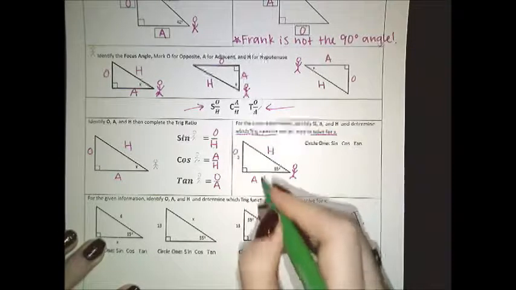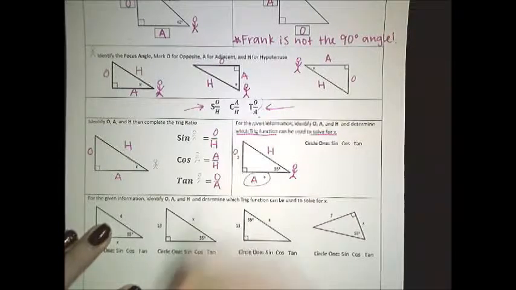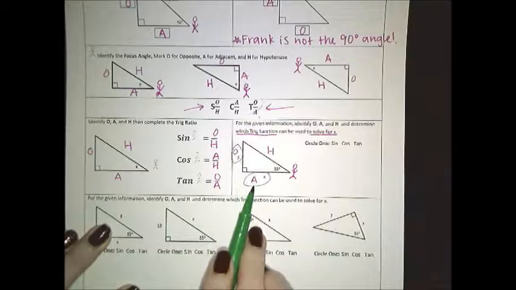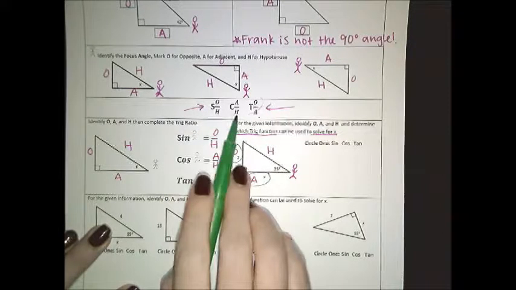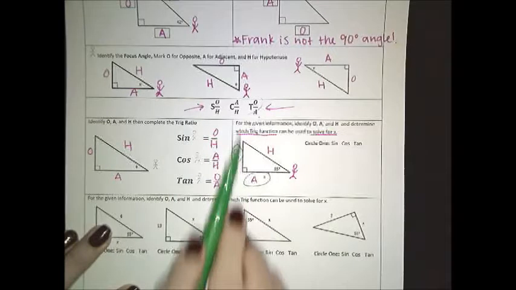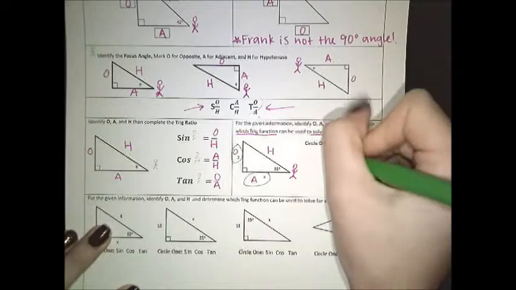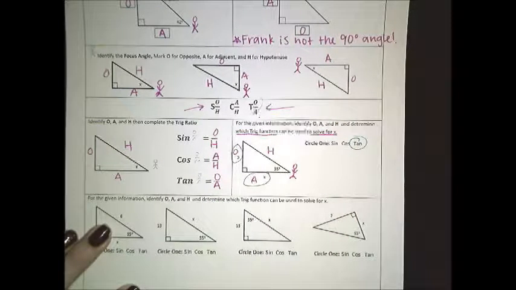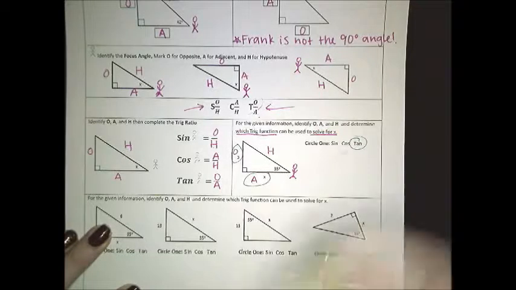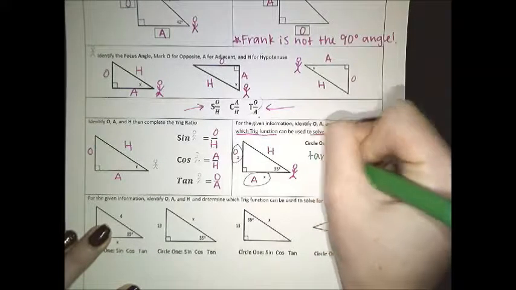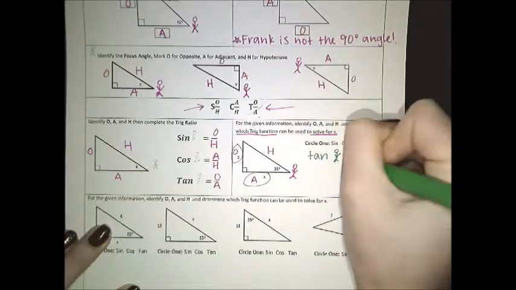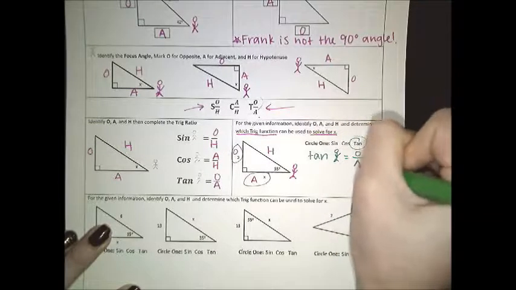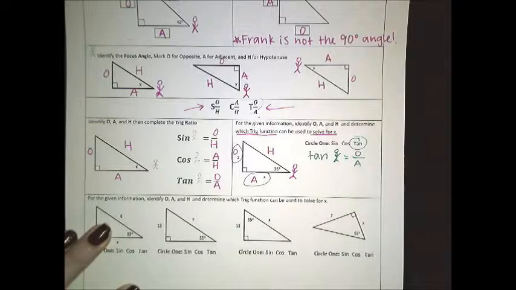Well, now if you look at it, I see that I have an x here and a 3 here. So I'm looking at the O and the A. If I look at these three trig functions, the O and the A go with tangent. So I know that I need to use tangent here. I can write that the tangent of Focus Frank equals opposite over adjacent.